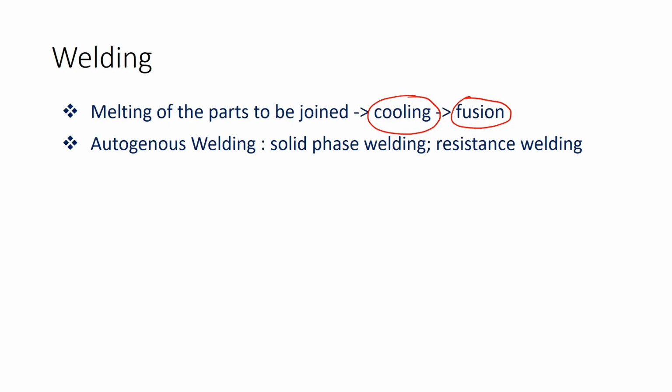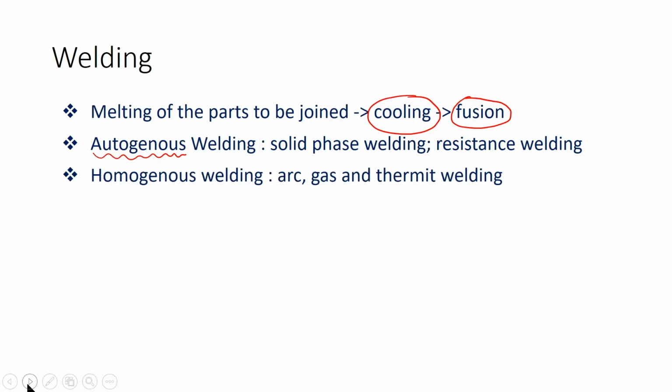There is another categorization of the welding operation, and the first category is the autogenous welding. In autogenous welding, there is no external material that we are applying during the welding process. So, the two parent materials will be joined, and in general the solid phase welding process and the resistance welding processes are the examples of autogenous welding.